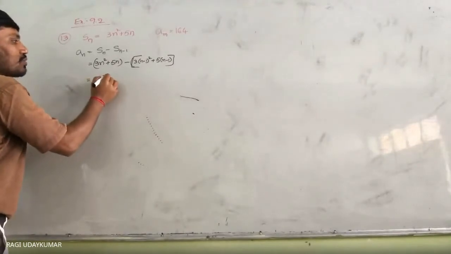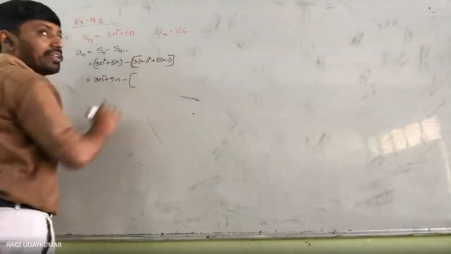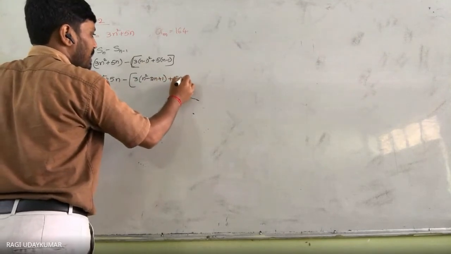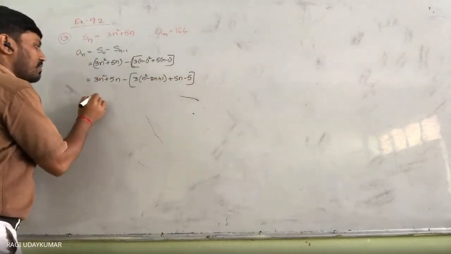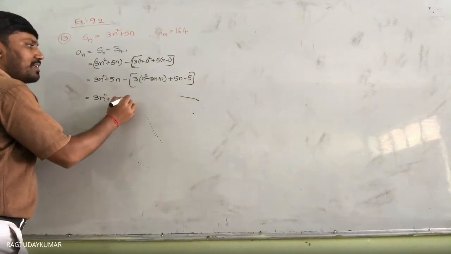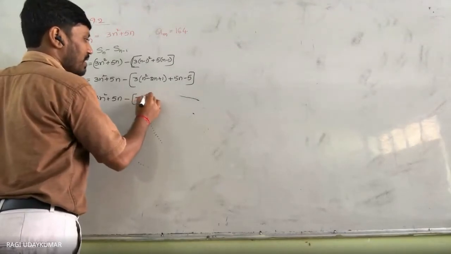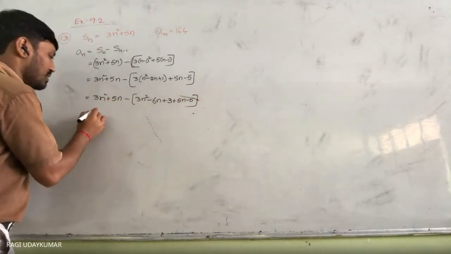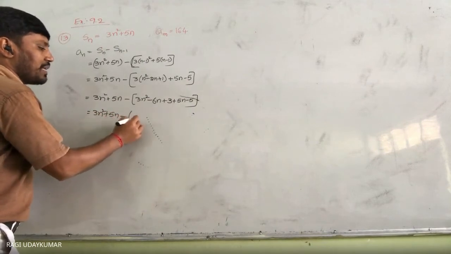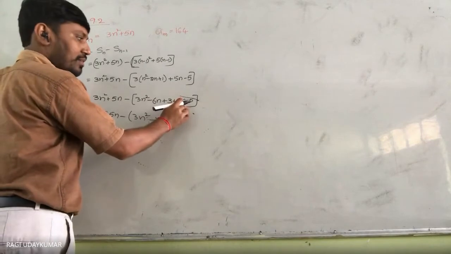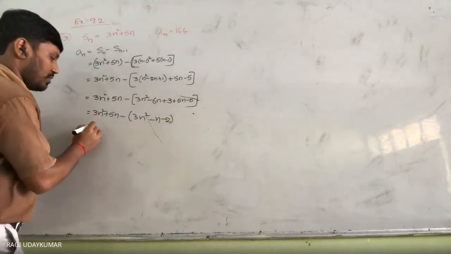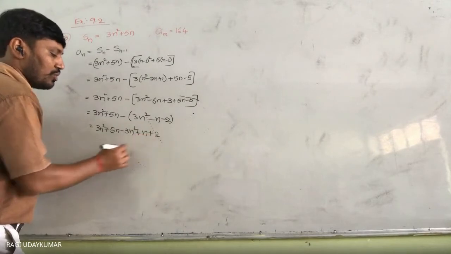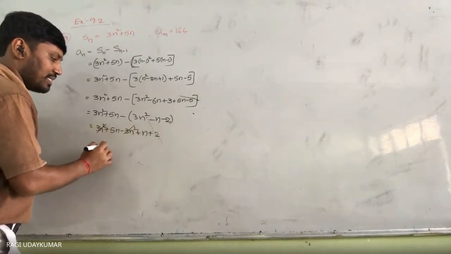That equals 3n square plus 5n minus 3 into (n square minus 2n plus 1) plus 5n minus 5, which is 3n square plus 5n minus (3n square minus n minus 2), equal to 3n square plus 5n minus 3n square plus n plus 2. So 3n square cancels, and we get 6n plus 2.